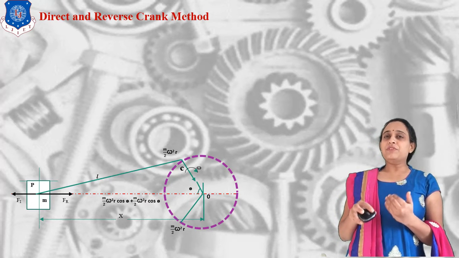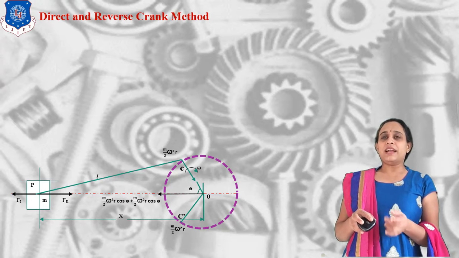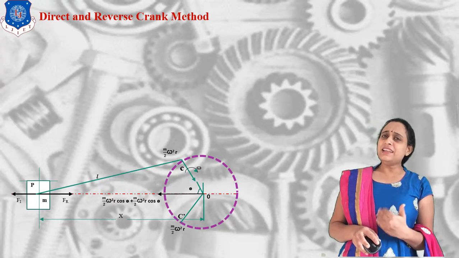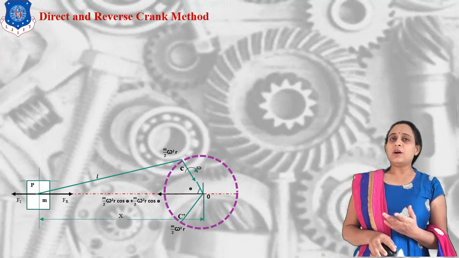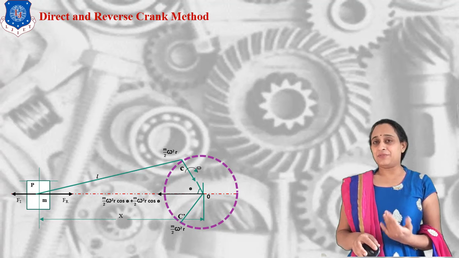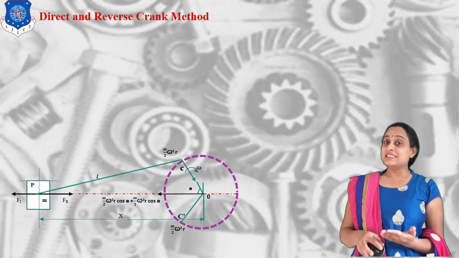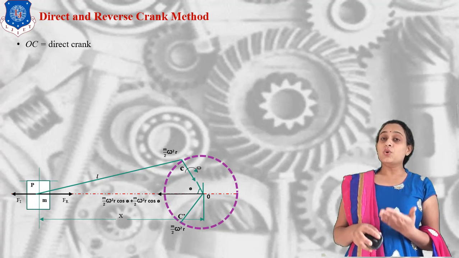If we originally have mass m, we assume that the original crank has m by 2 mass, and the opposite crank also has m by 2 mass. Now we consider the inertia force, Fi, which is exactly opposite to the motion. There is a resultant force which will tend to rotate this whole system.